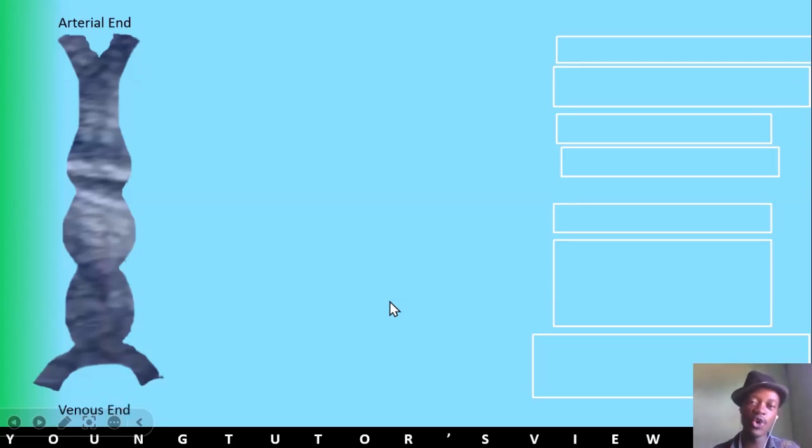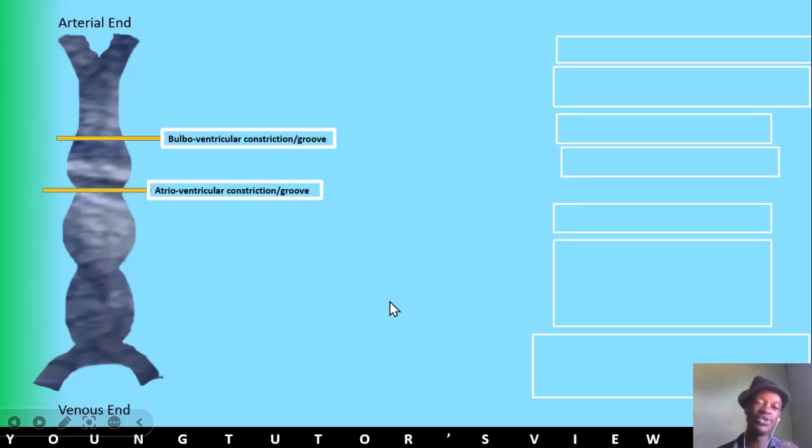It has three constrictions or grooves: the bulboventricular groove or constriction, the atrioventricular groove or constriction, and the sinoatrial groove or constriction. These three constrictions are dividing the heart tube into four parts.